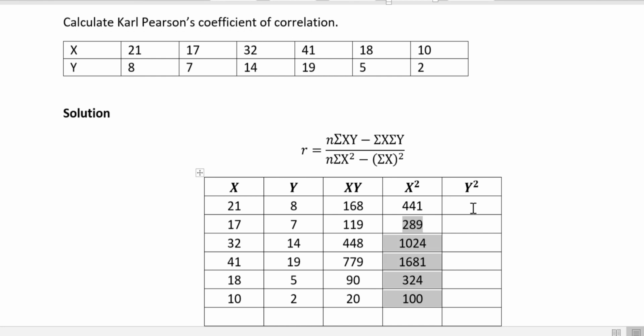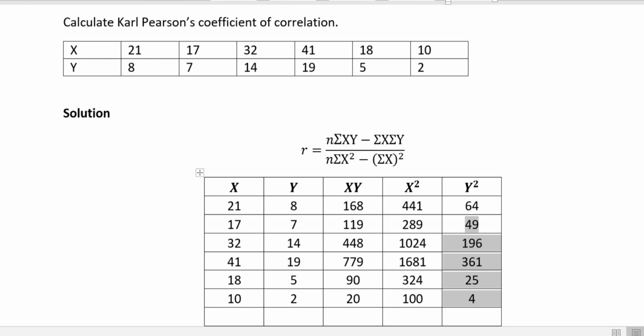Then we need column y squared, which will be found by taking the values in the y column and squaring them. So the first one will be 8 squared, which will give us 64. Then 7 squared will give us 49, and you continue all the way up to 2 squared, which will give us 4.